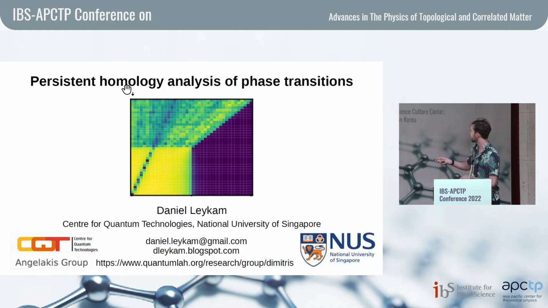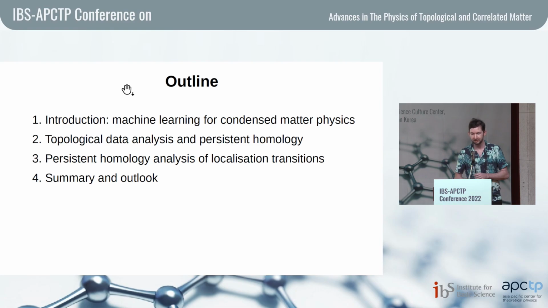Since this is the first talk at this conference focusing on machine learning, I thought I'd start with a bit of a pedagogical introduction to why machine learning shows some promise for the better understanding of condensed matter systems.